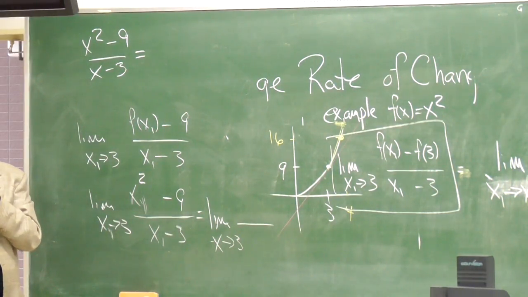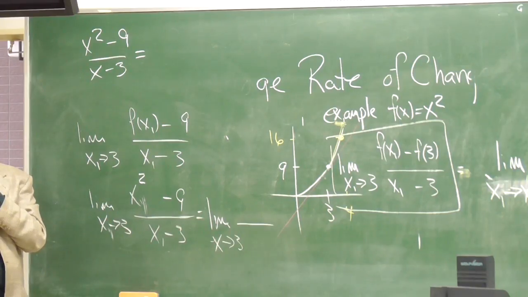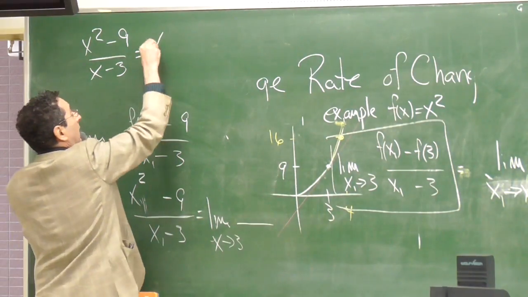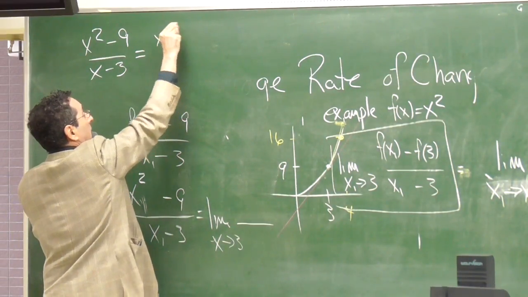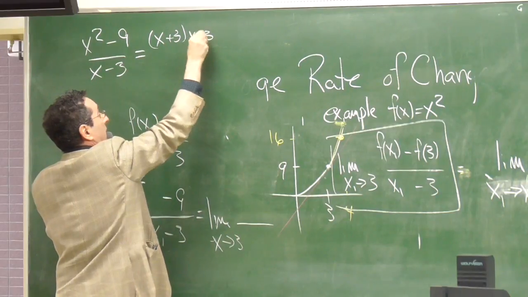X plus 3. How did he do that? He factored the top, right? It turns out you can factor the top. It's x plus 3, x minus 3, right?